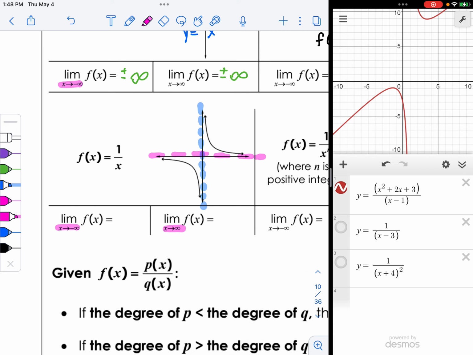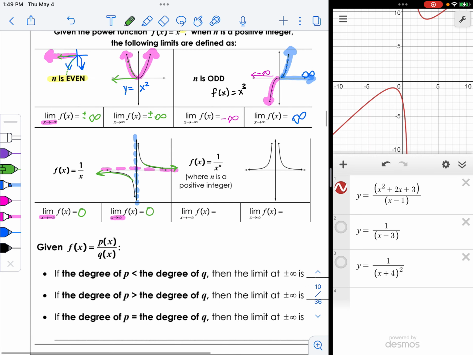And what we can see happening in my graph is that as my x value is going towards negative infinity, my y value is approaching that horizontal asymptote. And as my x value is going towards positive infinity, again, we are approaching that asymptote. And we can see that they both approach that same asymptote. Wherever that horizontal asymptote is going to be when we're doing end behavior is what we're focused on.